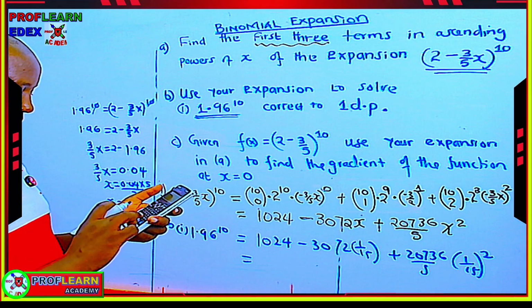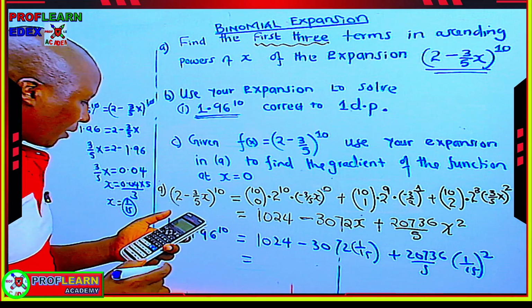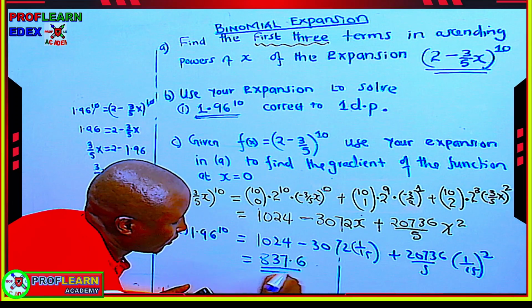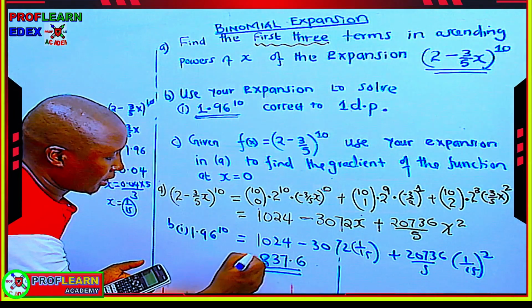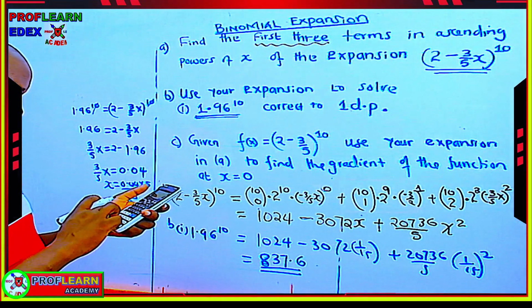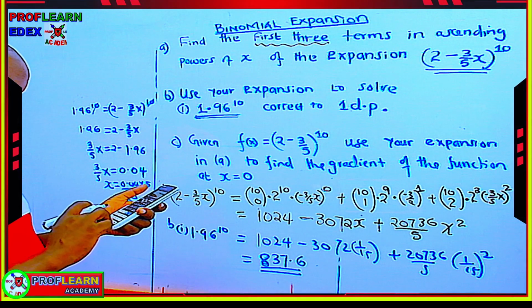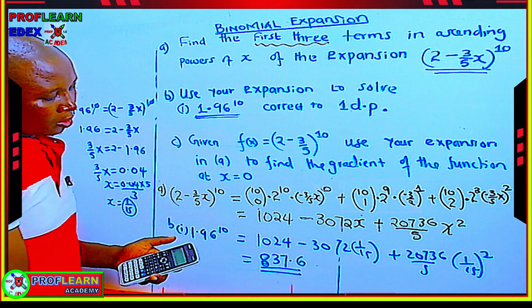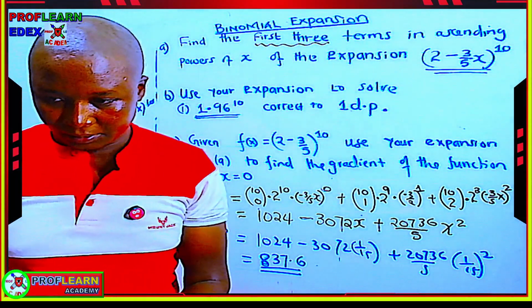And if you work it out, we are going to get 837.6 as the final answer for this particular case, and that is correct to 1 decimal place.